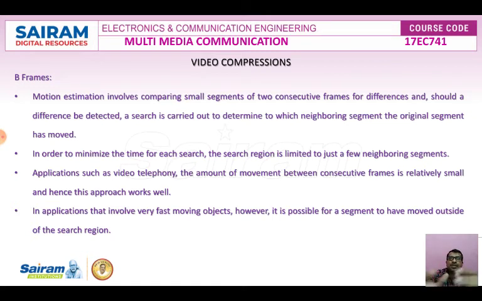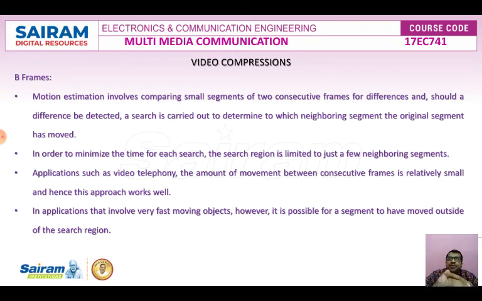In applications such as video telephony, the amount of movement between consecutive frames is relatively small. This approach works well in applications that do not involve very fast moving objects. However, it is possible for the segment to move outside of the search region. To allow for this possibility, in applications such as movies, in addition to the P-frame, a second type of predicted frame is used.